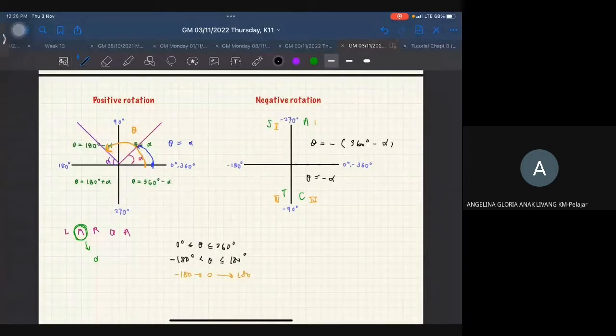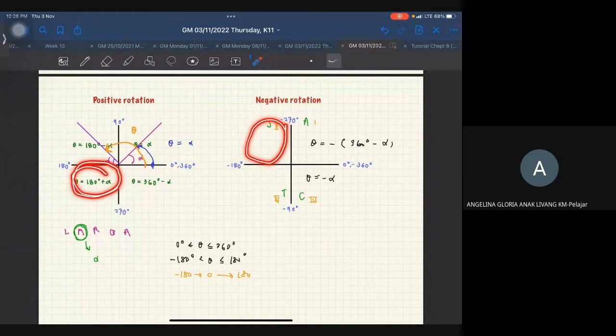Macam mana nak cari. Okay, and then the second and the third quadrant pun sama jugalah. So untuk yang ini kita ambil daripada yang bawah ni. Okay, and then letak negatif sahaja. So dapatlah theta kita is equals to negative 180 plus alpha. So you put negative dekat depan and then you bracket this one.